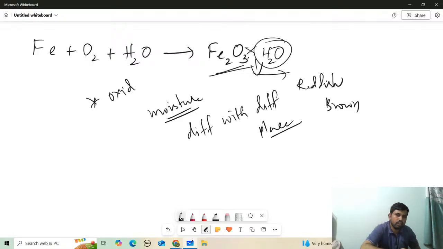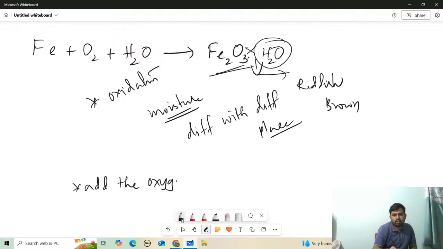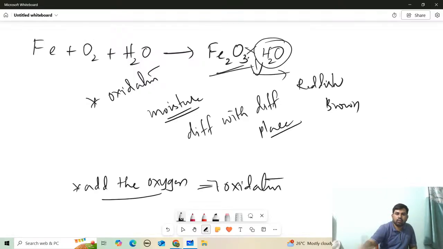This is also an example of the oxidation process. In both cases we are adding oxygen, and addition of oxygen is called oxidation. Similarly, different metals react too. Copper reacts with carbon dioxide, moisture and O2 to form copper carbonate and copper hydroxide.